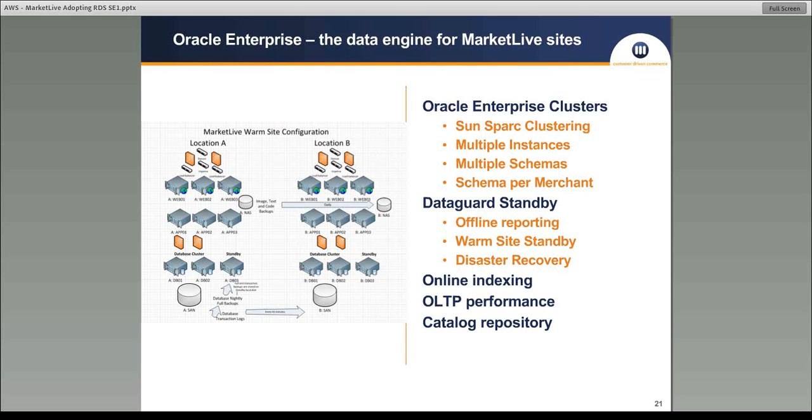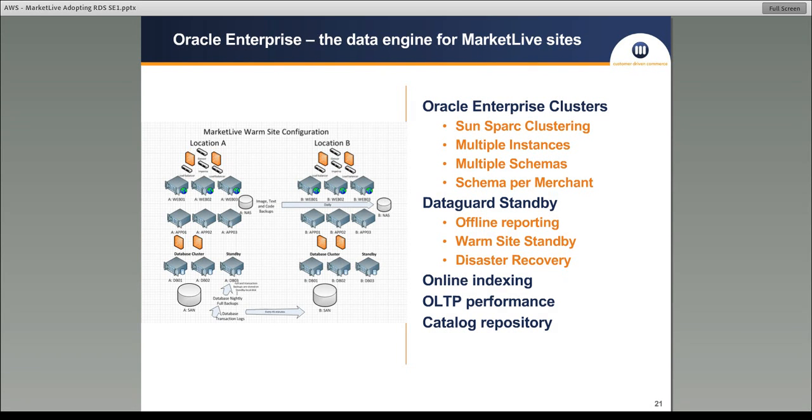So our current configuration right now looks for most of our sites like the stack on the left, where we have a pretty classic network infrastructure layer, a web layer, an application layer with a couple of different services chunks in there, and a database layer.